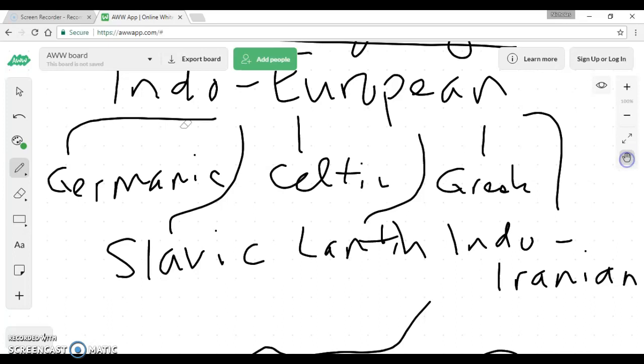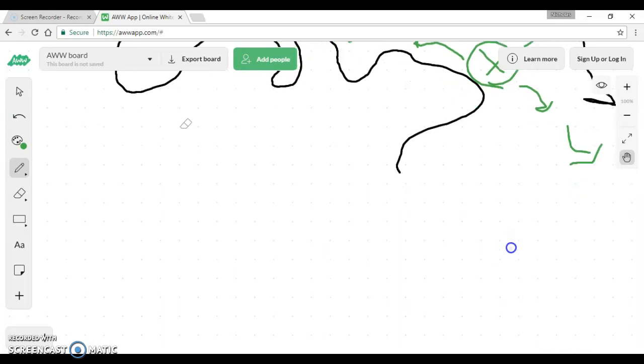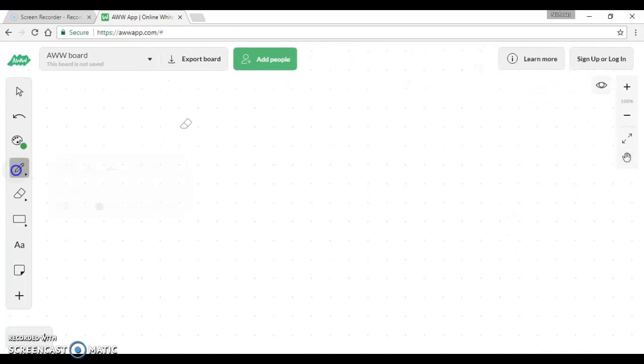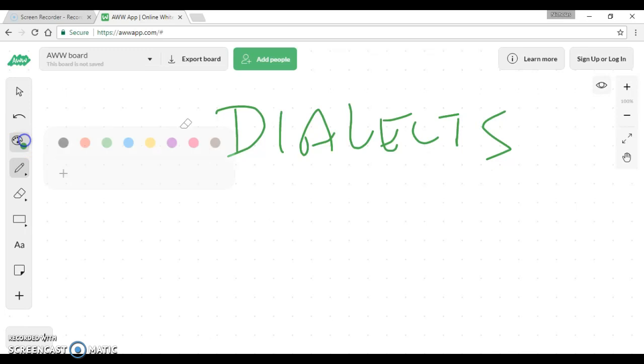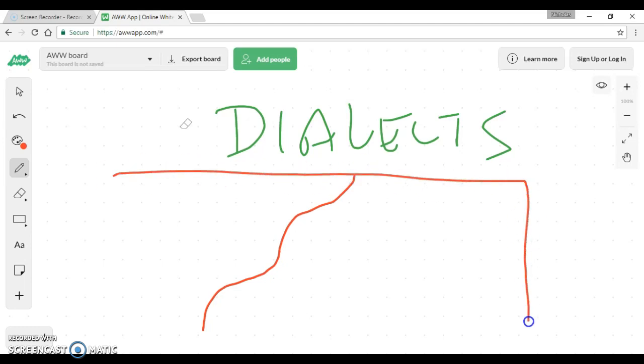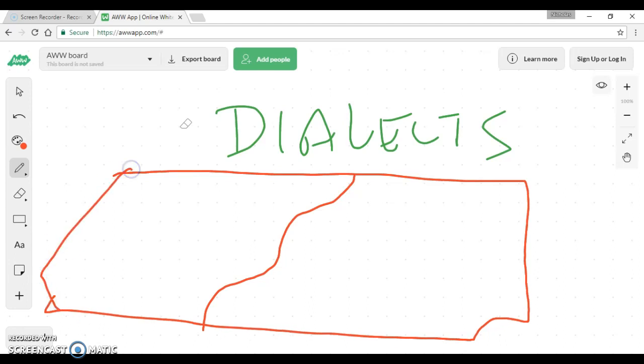Okay. So one of the things we also talked about is that even within these languages themselves, we have dialects that emerge. And these dialects form along isoglosses. So if we take, for example, our state that we live in, the great state of Pennsylvania, we have our own isogloss.